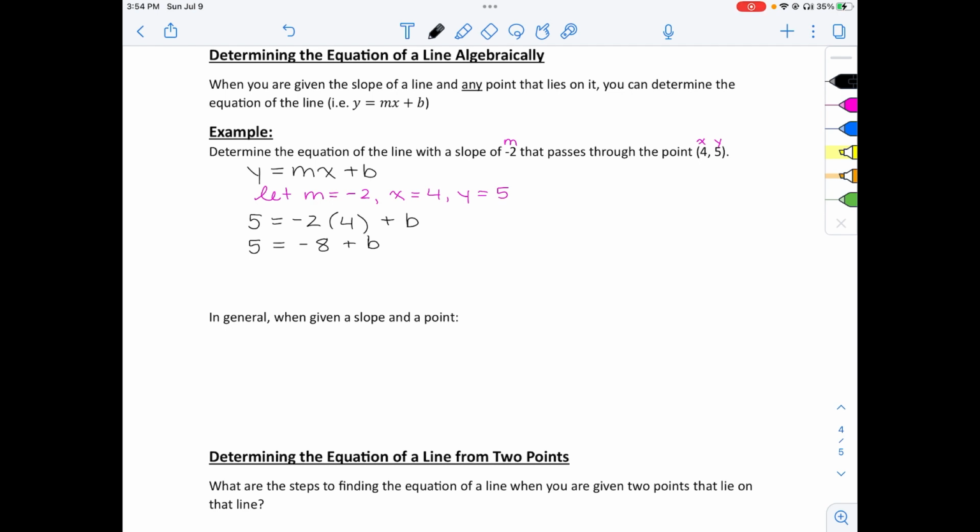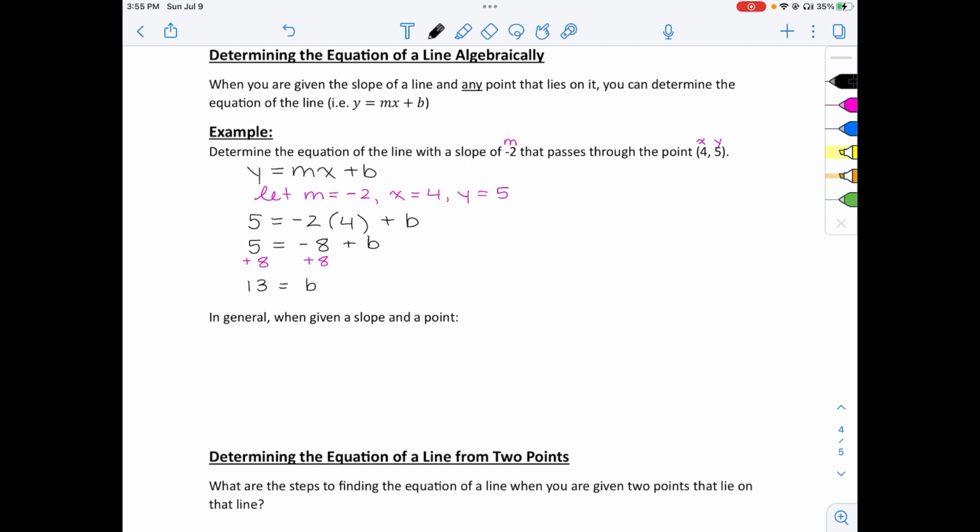I want to isolate for b, so I need to get rid of the -8 that's on the same side of it. So I'm going to add 8 to both sides, and I will have 13 is equal to b.